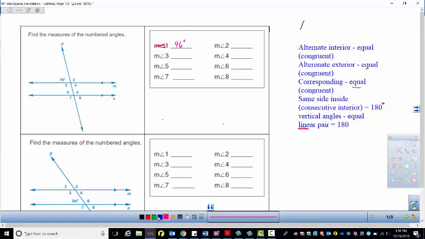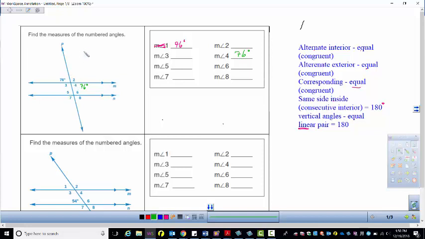If this one is 76, I know that angle 4 would be 76 because it's vertical. So angle 4 is 76. You can do this lots of different ways, but I could find angle 2 because 2 and 4 are a linear pair.